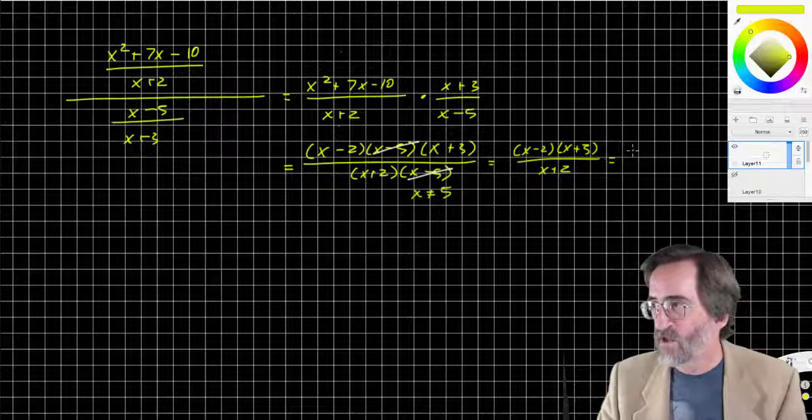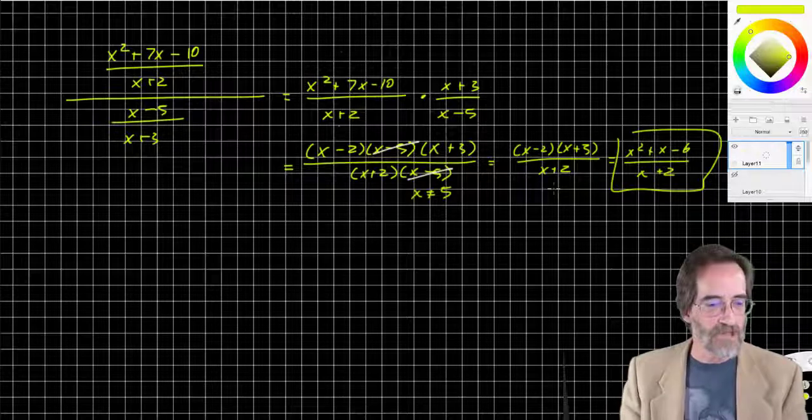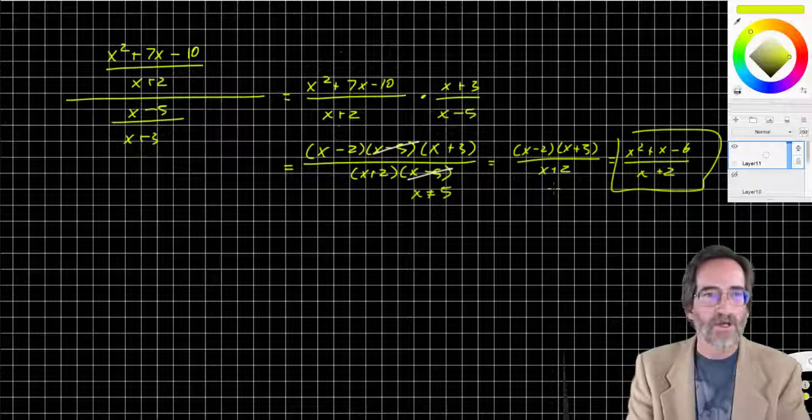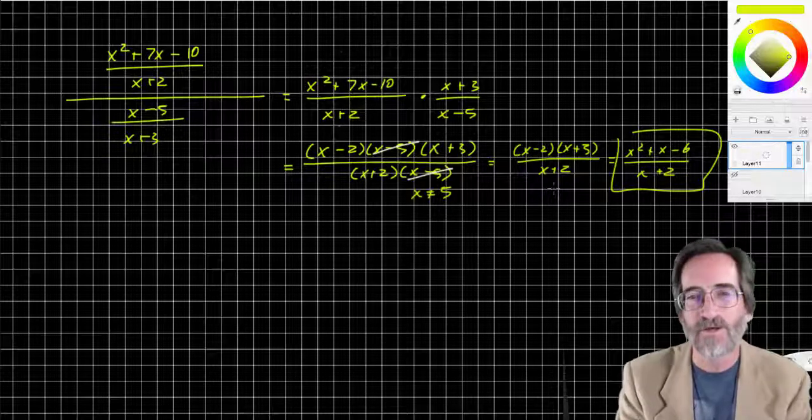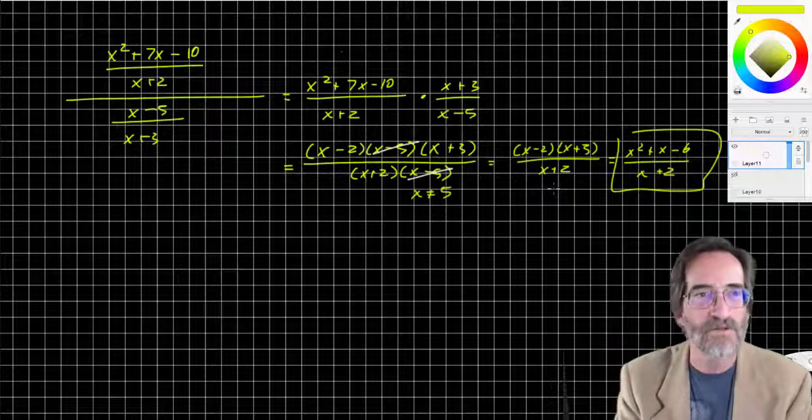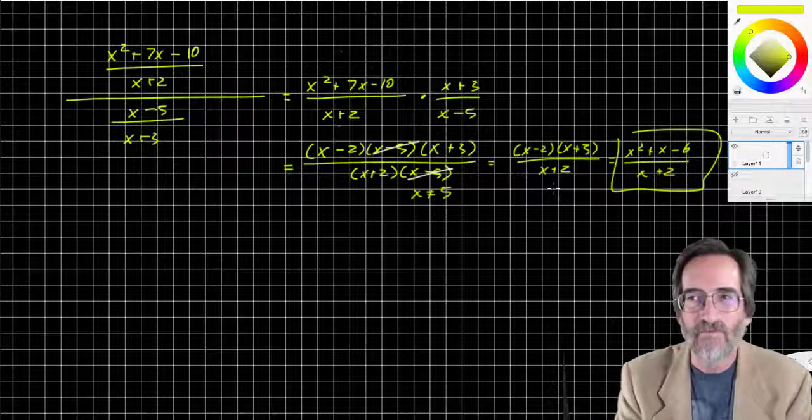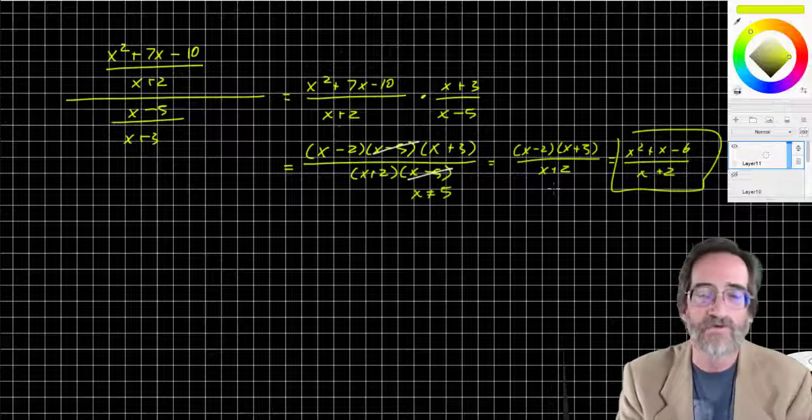Which could be written x squared plus x minus 6 over x plus 2. Or you could leave it factored, depending on the situation or the scenario. All right, so hopefully that makes sense. Now, there is a little bit of discussion in the lesson about closure, and that is that the set of rational functions, anytime you add, subtract, multiply, or divide rational functions, you get another rational function.